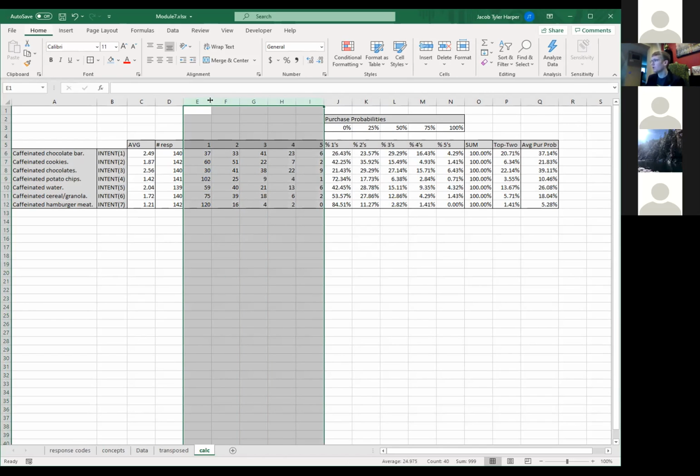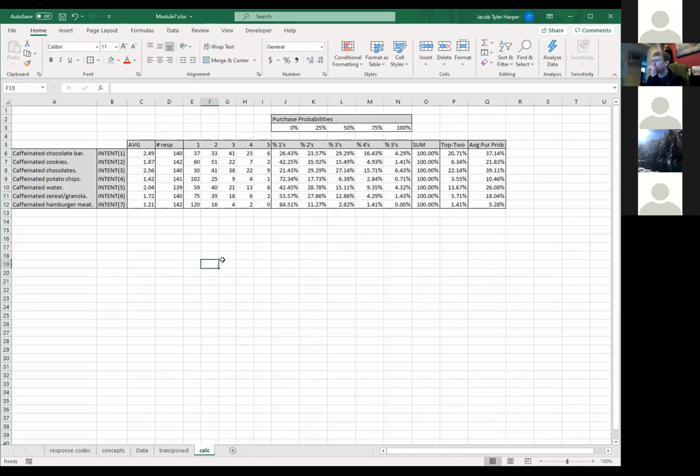So let's take a look at this real quick. What's going on here? When we are trying to figure out the distribution of all these answers, all we're really doing is just doing more counting, except we need to divide by the total in order to make it a percentage.